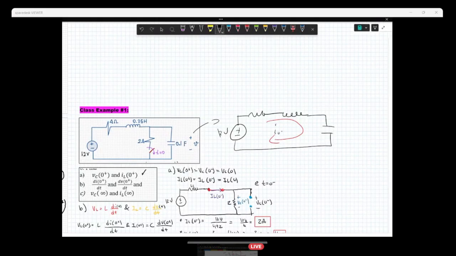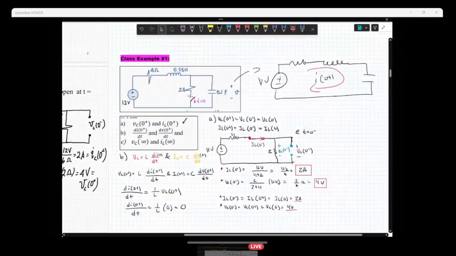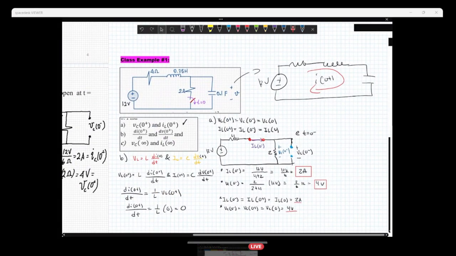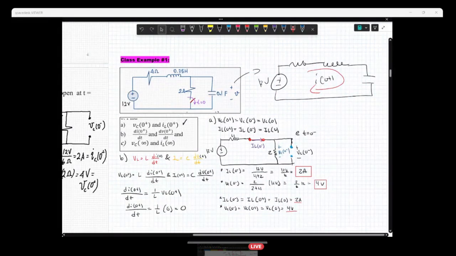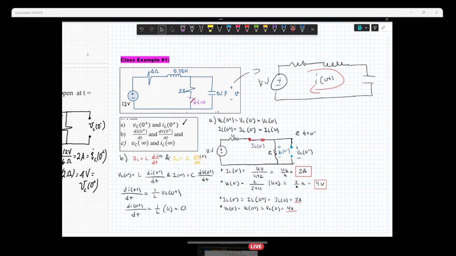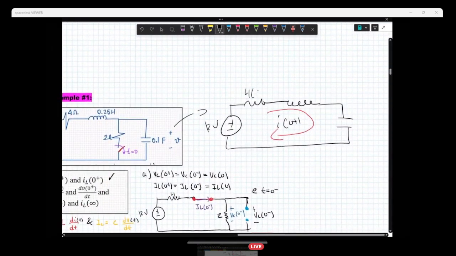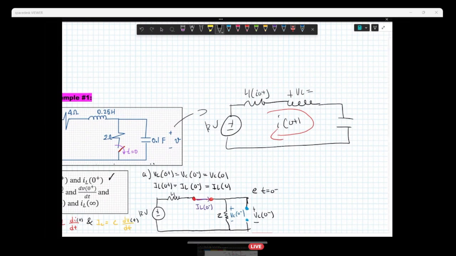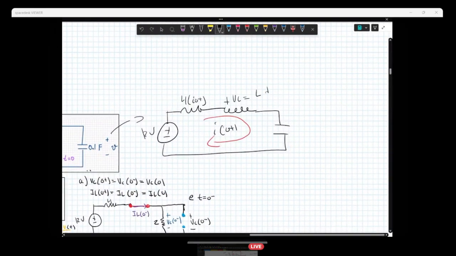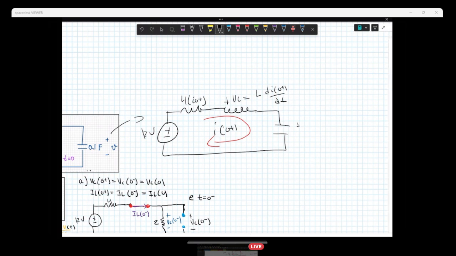So I'll get I of 0. Not just 0, this would be 4 I of 0 plus VL, which is equal to L di of 0 plus over dt, plus VC of 0 plus.